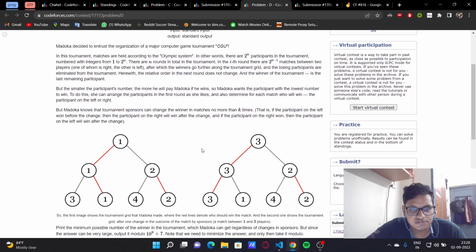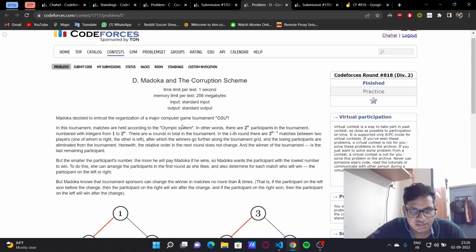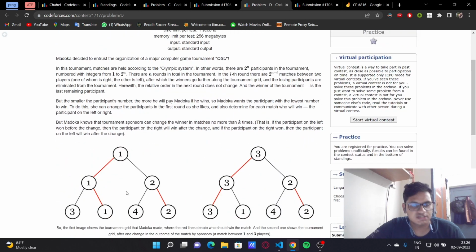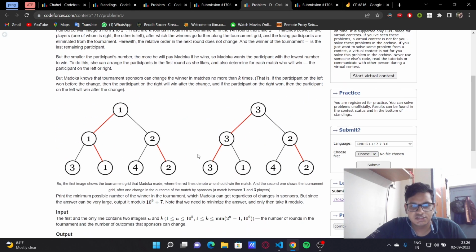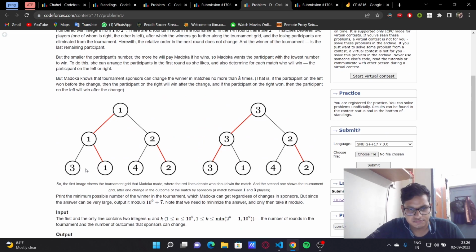The gist of problem D, after you read it, is that you have a tournament which has 2 power n participants, and you need to create the tournament tree of that tournament, and you can decide who wins at which place. But you will get rewarded if the person with the lowest index wins. So ideally, you will want 1 to win, and that's how you'll make the tree.